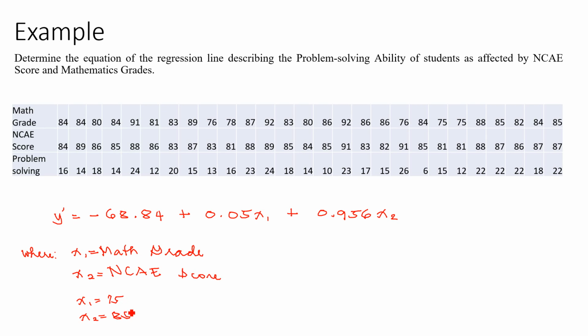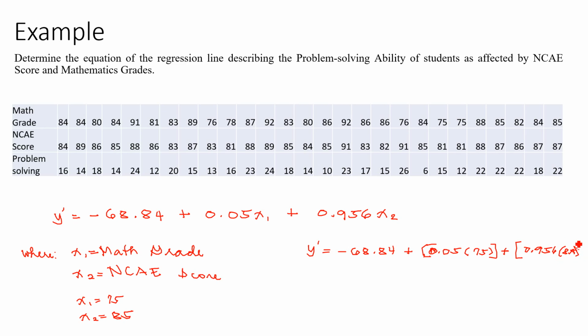Then y prime is equal to negative 68.84 plus 0.05 times 75 plus 0.956 times 85.